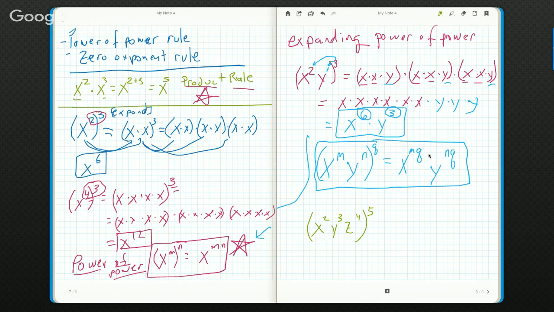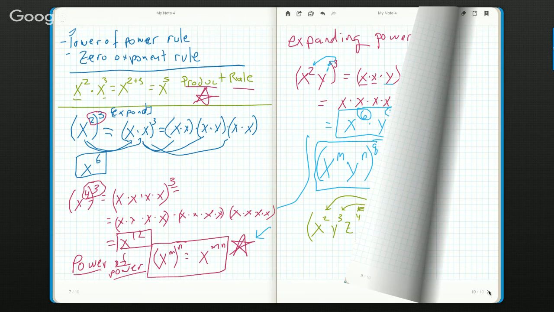This will extend further, and we can do our multiplication like this. And I'll just write it down for you, but I'll leave it to you to show why this is true. Good. Okay, and let's do one more before we go to the 0 exponent rule.